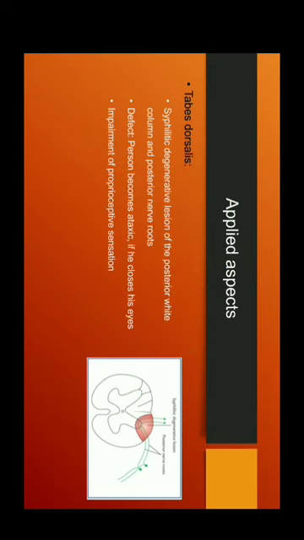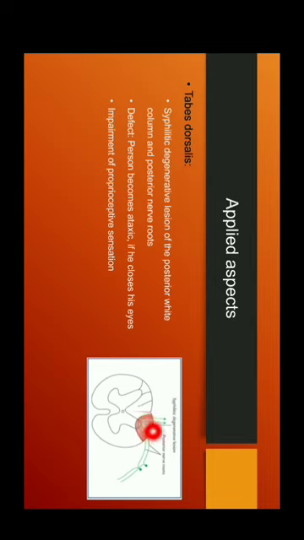Tabes dorsalis is a syphilitic degenerative lesion of the posterior white column and the posterior nerve root. So the posterior column is damaged. Which fibers are affected? It's the posterior tracts, the tract of Goll and tract of Burdach, also called fasciculus gracilis and fasciculus cuneatus.